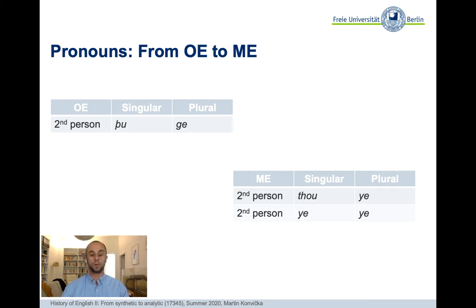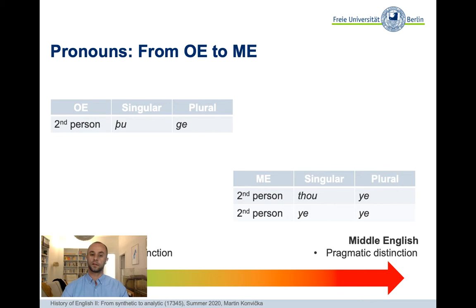But what you also could do is to use the plural pronoun if you were talking only to one person, right? So you have in Old English a distinction that is based on grammar or on the extra-linguistic situation. If you have one person, then this pronoun. If you have more than one person, then this other one.